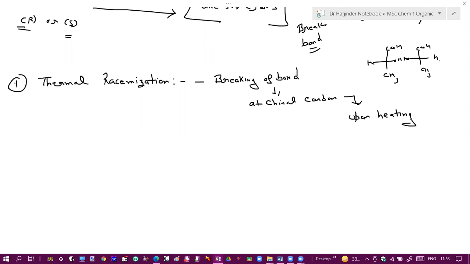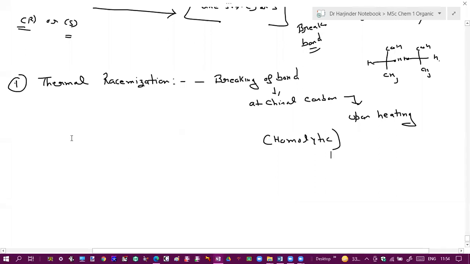So when you just heat your compound in absence of any acid or base, what kind of bond breaking will take place? Homolytic bond cleavage. In homolytic bond cleavage, the bond pair will be shared by both atoms equally. That will give rise to a free radical intermediate.